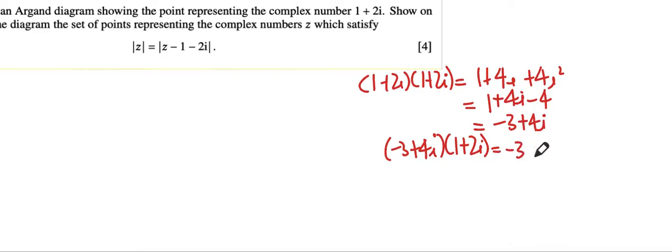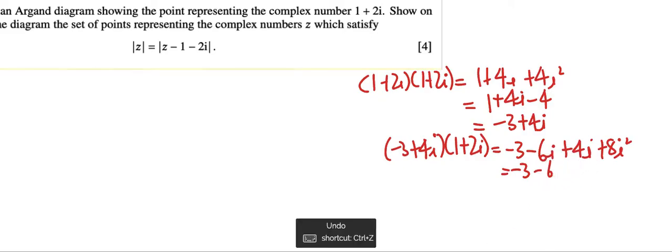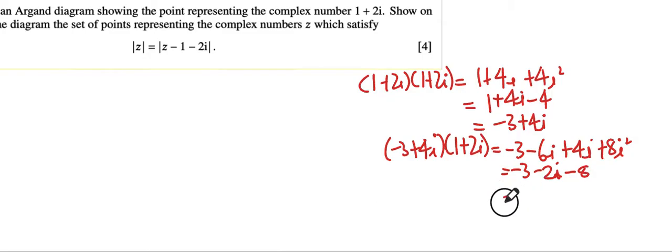So negative 3 and then minus 6i and then plus 4i, and then you have 8i squared, and i squared is negative 1, so negative 8, and you have negative 11 minus 2i. So this is for x cubed and this is for x squared.